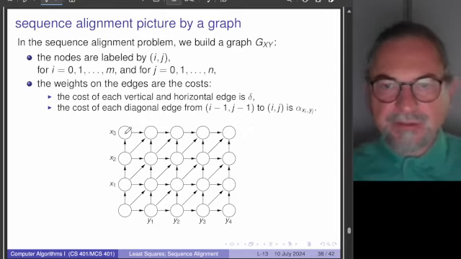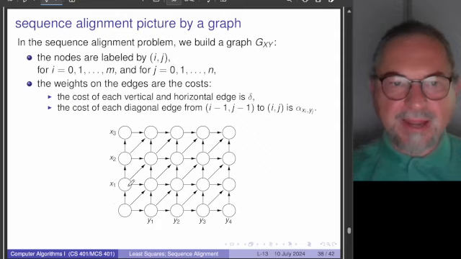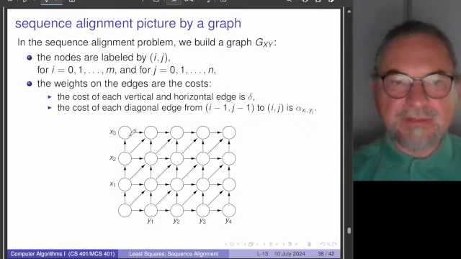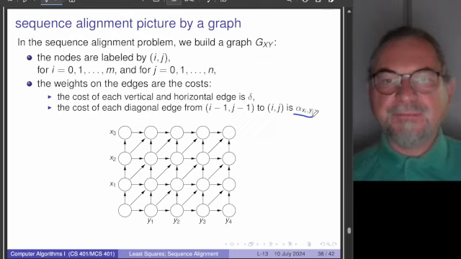Likewise for the horizontal edges, every edge has the gap cost. So in these nodes here, you have delta, 2 delta, 3 delta, and 1 delta, 2 delta, 3 delta, 4 delta. So these are the initializations. If you move diagonally, then you have the mismatch cost, and that mismatch cost is here the alpha.